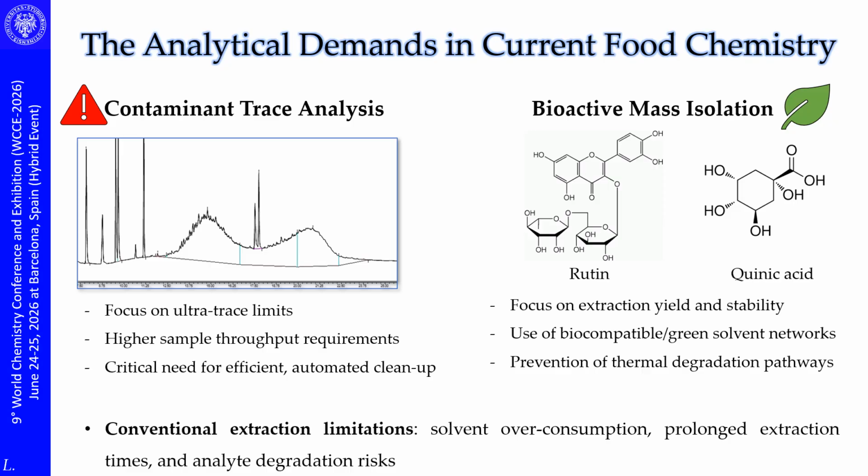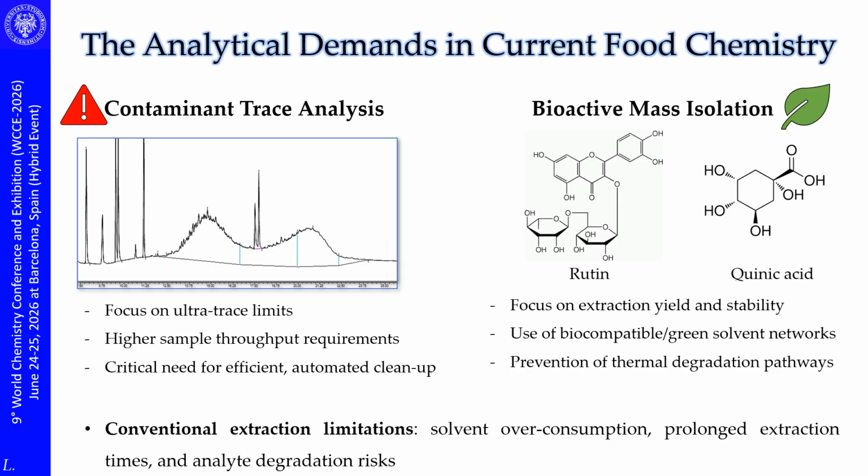In the current food science landscape, chemical analysts operate under competing technical requirements. On one hand, routine food safety monitoring demands low detection limits and high sample throughput for ubiquitous contaminants such as mineral oil hydrocarbons.